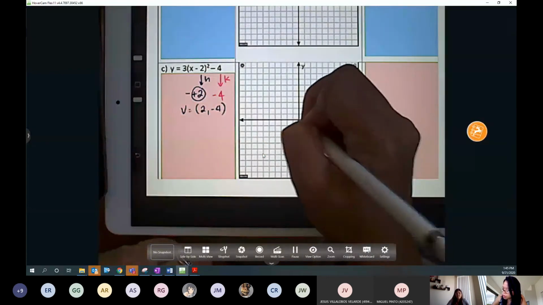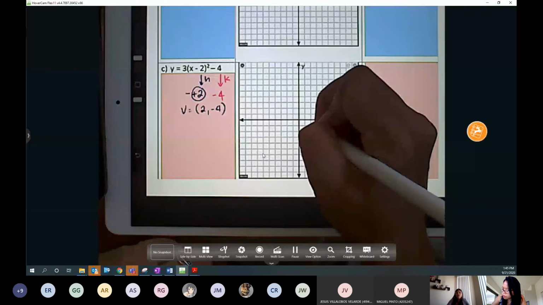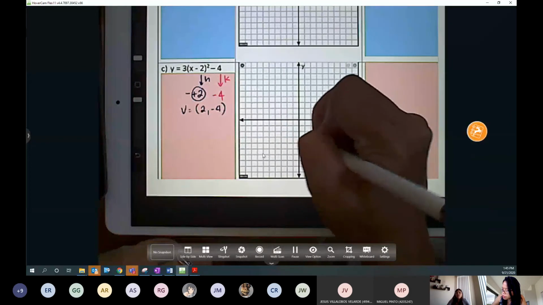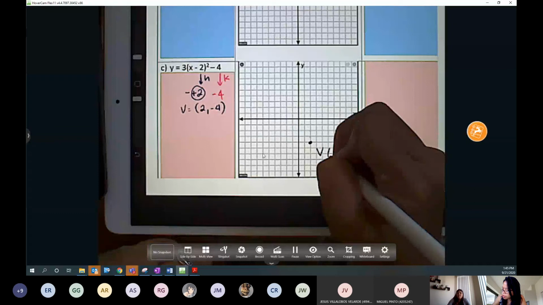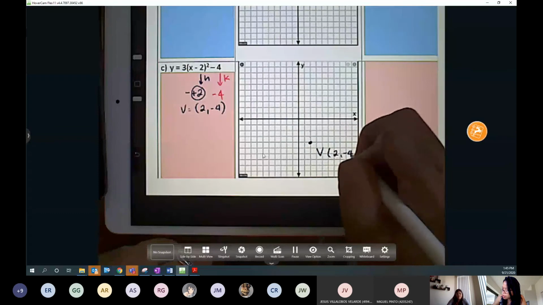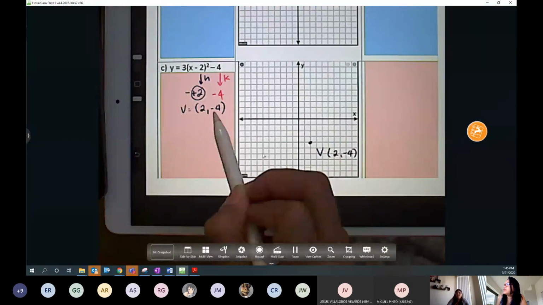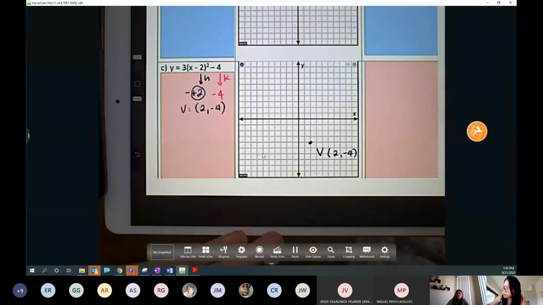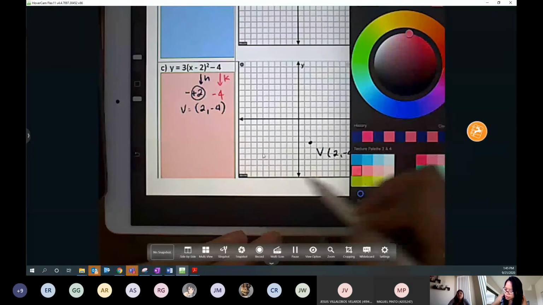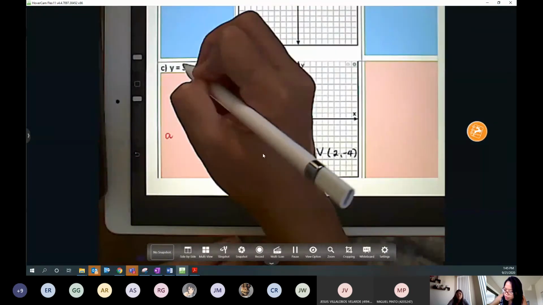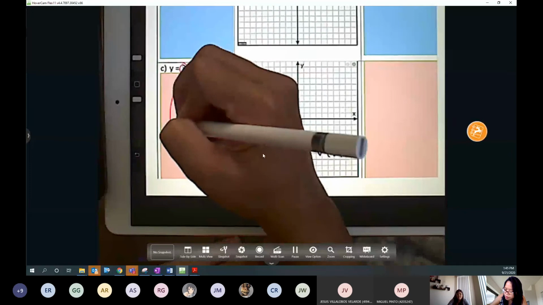So from the middle, it goes to the right 2 and 4 down. Okay, that's 2 comma negative 4. All right, so now we need the a. The a is 3.